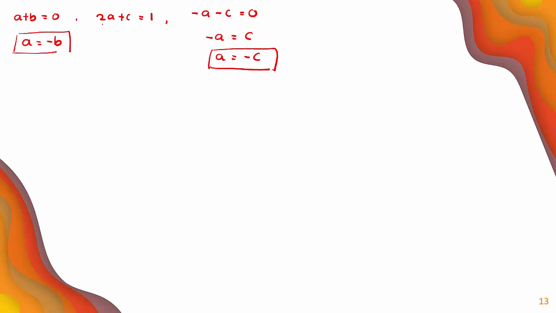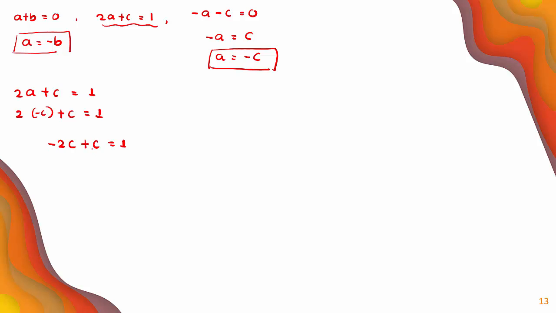Now I am going to take the equation 2a plus c equal to 1. In place of a, I can write minus c, so 2 into minus c plus c equal to 1. 2 into minus c will be minus 2c plus c equal to 1.